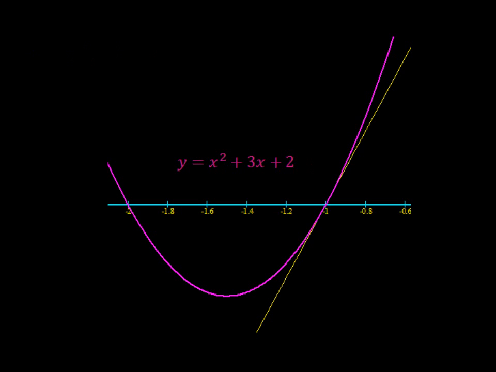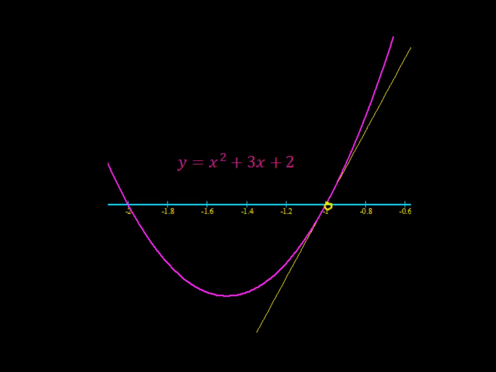So this yellow line here, the one that is attached to the purple, and you can see it hits it right about here, and it is a tangent, which means, even if you can't really see it because this resolution isn't the best, it touches the curve at one spot and one spot only.